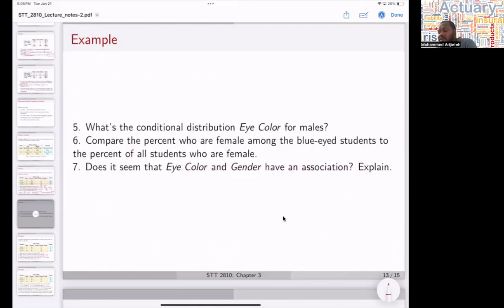Now we want to find the conditional distribution. What is the conditional distribution of eye color for males? Now let's get to our table here.